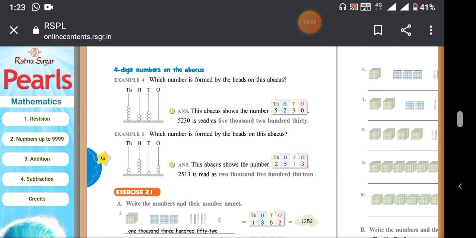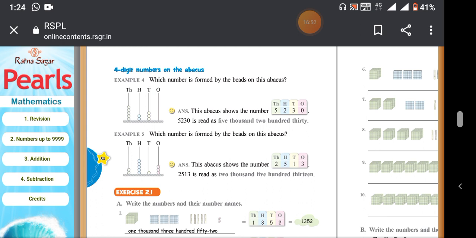5230. Then similarly, next example, which number is formed by the beads on this abacus? So observe the picture, children. In the ones place there are 3 beads, so we should write 3 in the ones place. Then in the tens place there is only 1 bead, so we should write 1 in the tens place.